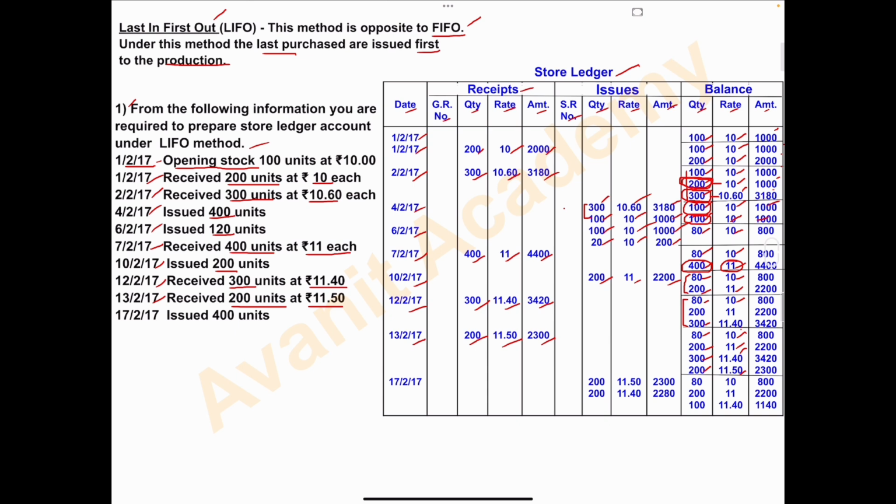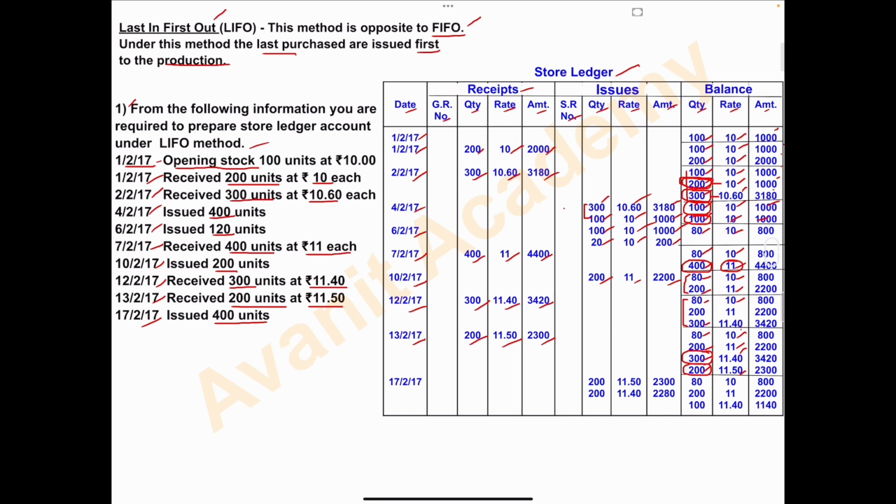The last entry, that is 17th February 2017, issued 400 units. See the balance? The latest purchase is 200 units. So 200 will take from this and remaining 200 will issue from this 300.